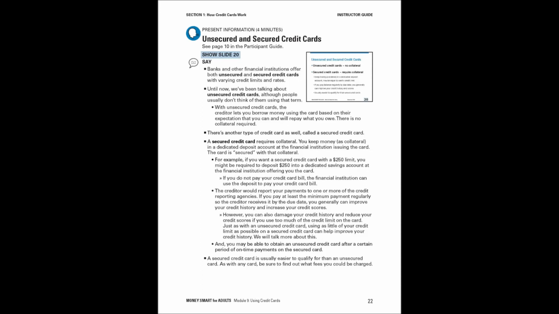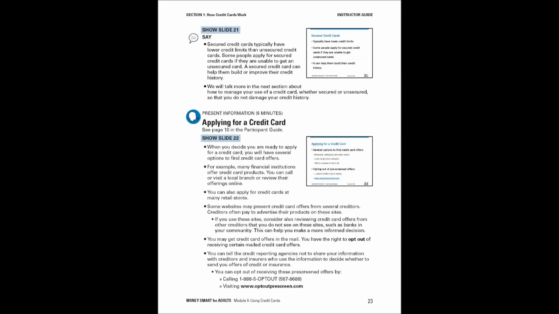There are other considerations here with these types of credit cards. In addition, it's easier to qualify because they are putting down collateral. They have lower credit limits than unsecured credit cards. And some participants may apply for secured credit cards if they're unable to get an unsecured card. So you'll have that discussion.